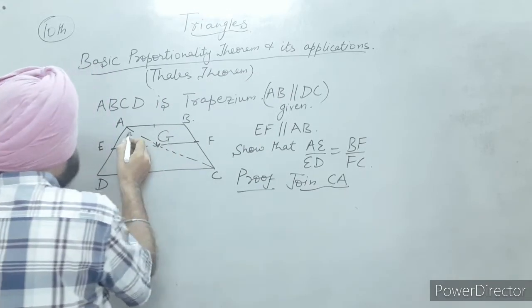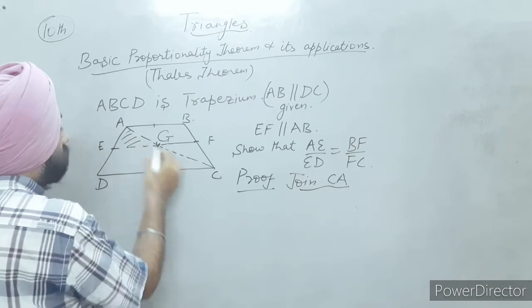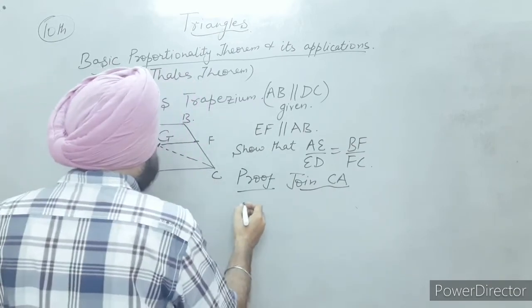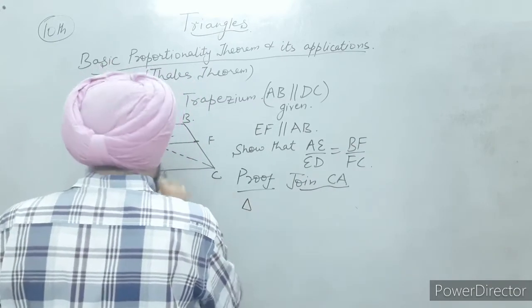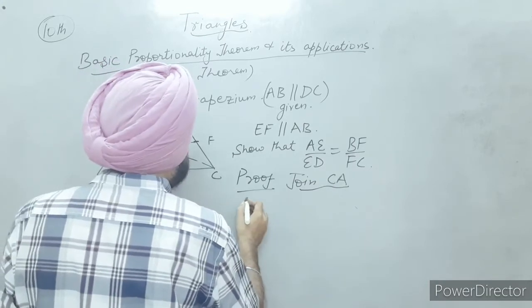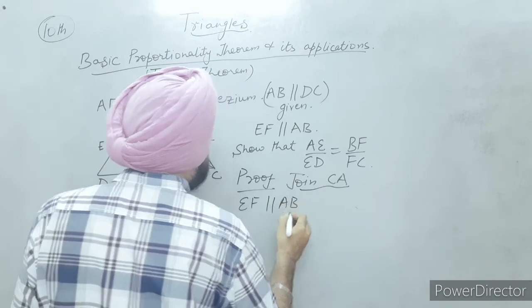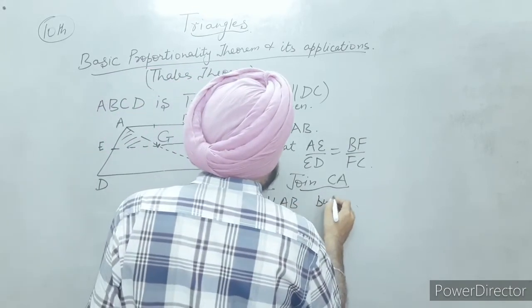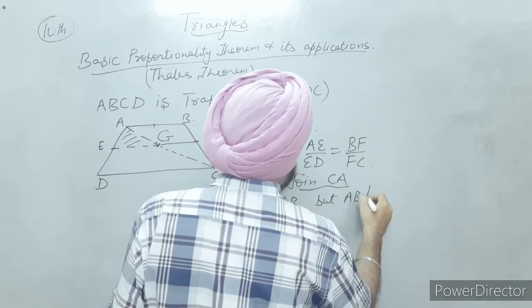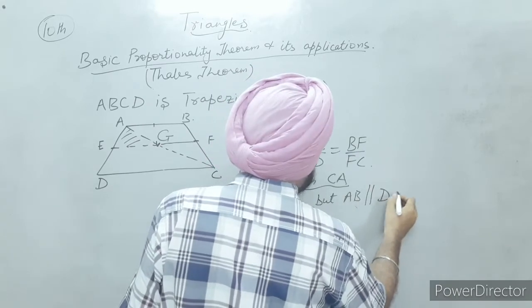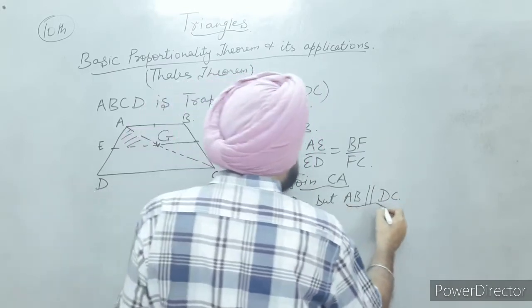Now I take this triangle and the bigger triangle. It is given, EF is parallel to AB, but AB is parallel to DC. It is given to us.